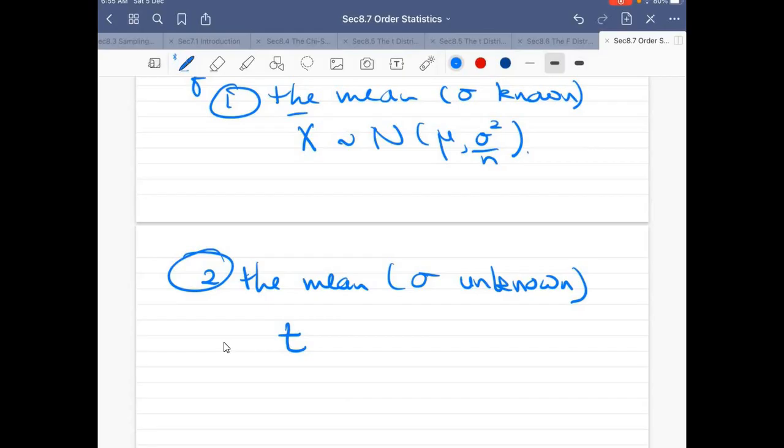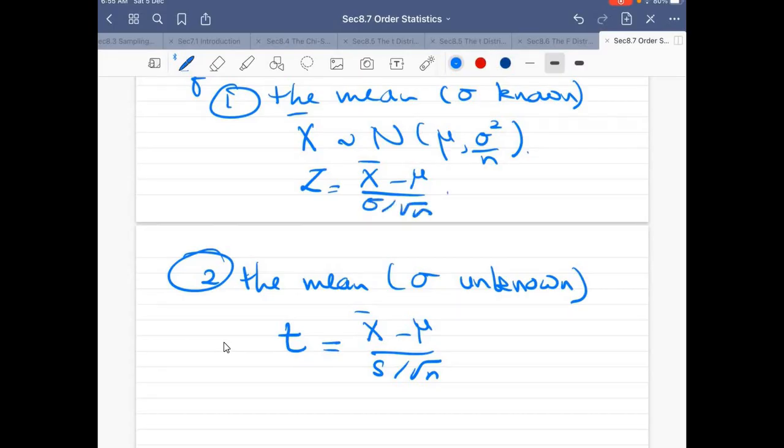The t distribution will be x bar minus mu divided by sigma over root n, and in place of sigma, because it is unknown, we replace it by s. We can standardize the x bar: x bar minus mu divided by sigma over root n.